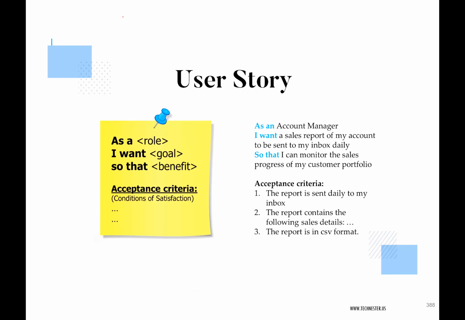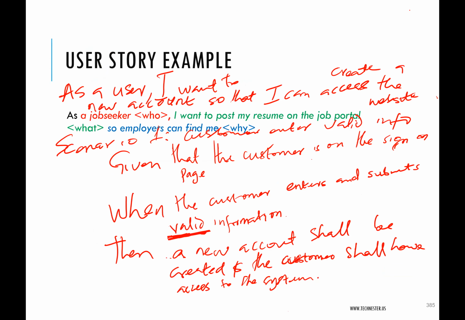So let's write it here. Scenario two, customer enters invalid info. Then you repeat the same thing. Given that the customer is on the sign-on page, that precondition is the same.